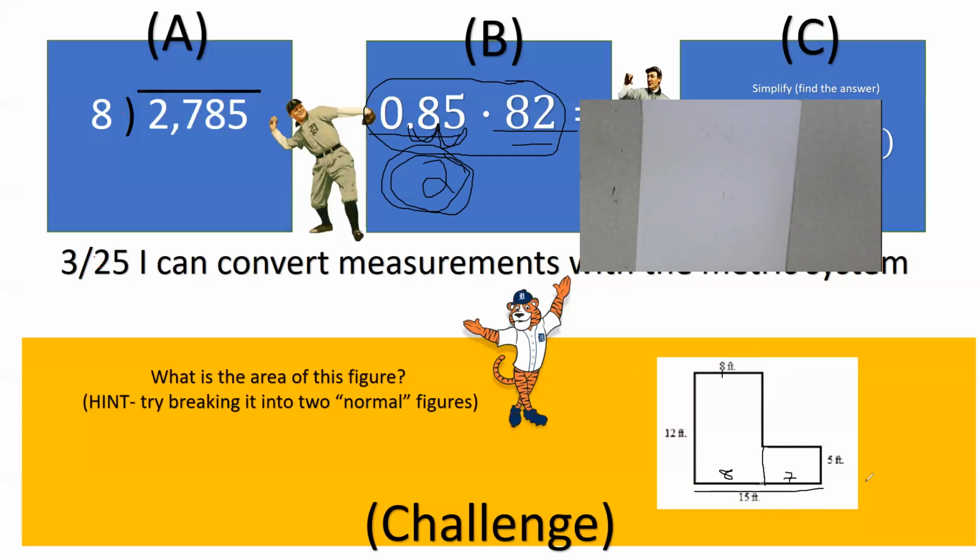It's 8 plus 7. 7 times 5 is 35. And then 8 times 12, 8 times 10 is 80, 8 times 2 is 16, so 8 times 12 is 96. And then I just want to add those 2 together, 96 and 35.